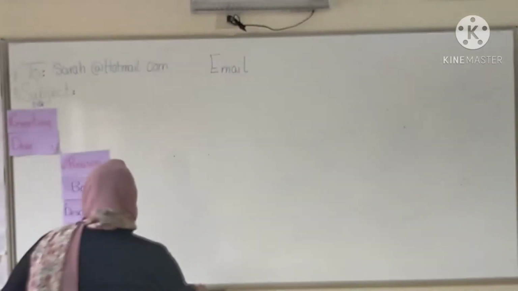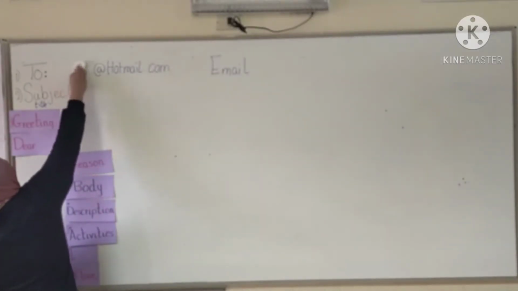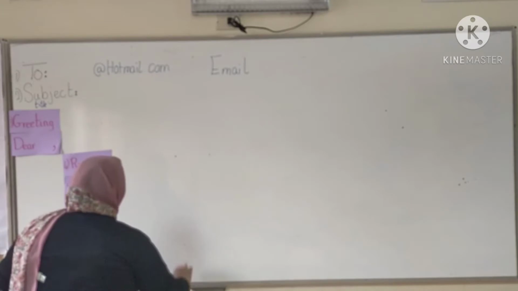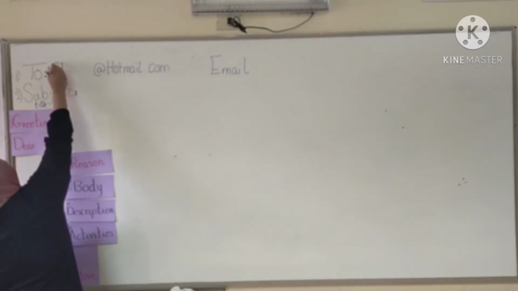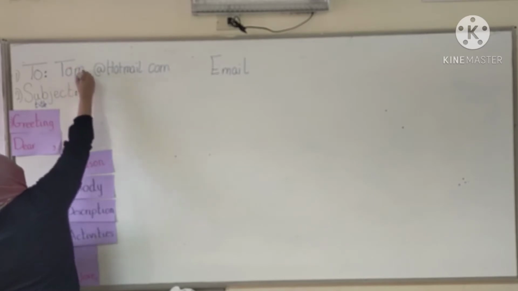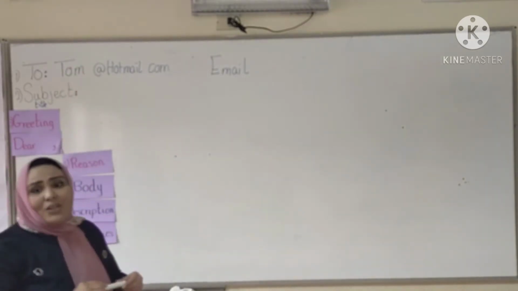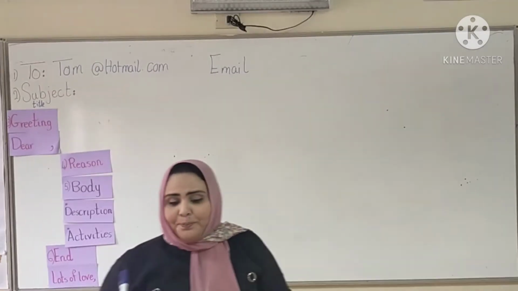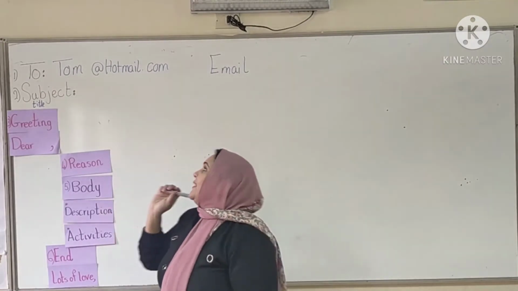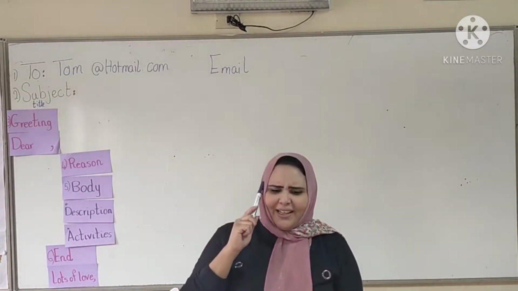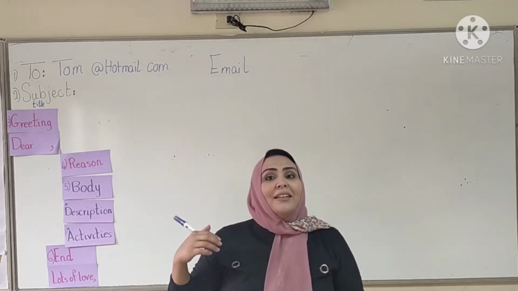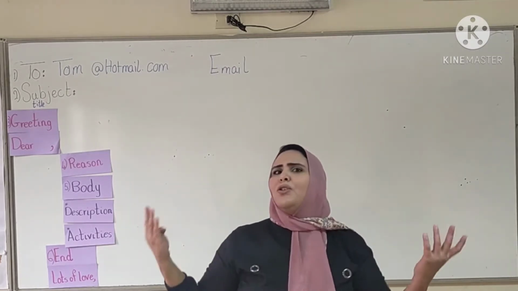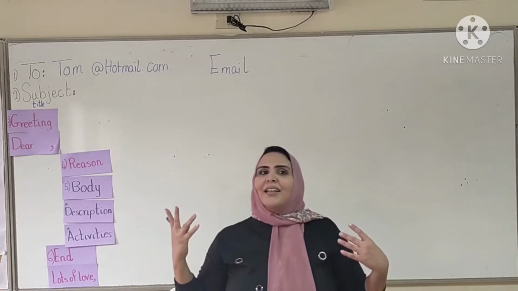First, let me just change the email address. We are going here to write to Uncle Tom. So, the address will be Tom, for example, Tom at hotmail.com. So, again, what is the title? What do you think? Something about the zoo, huh?